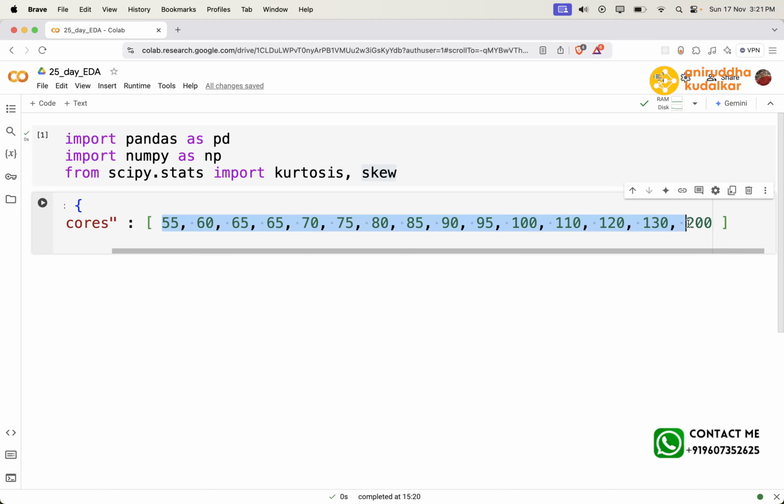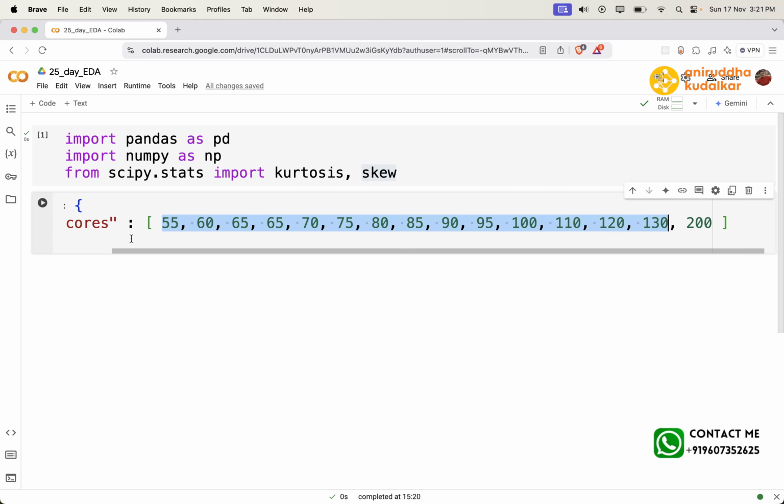The data is related, but for the 200 there is no association between this data and this 130 and 200. If you see 55, 60, 65, 60, 65, 65, they are associated somehow. But this one is an odd man out.